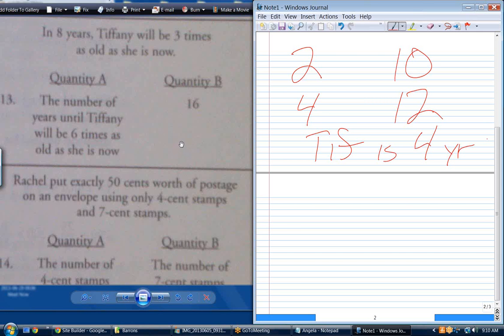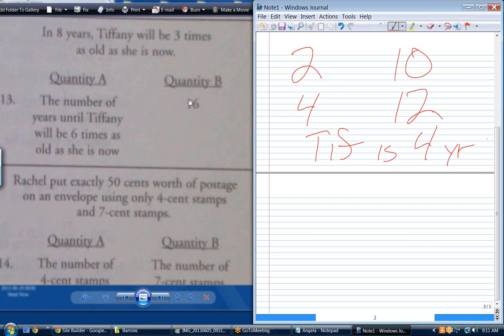Well, she'll be 6 times as old as she is now. We would multiply 6 times 4. No. Now, the next logical step would be to figure out what happens in 16 years. Okay, and she would be 20.